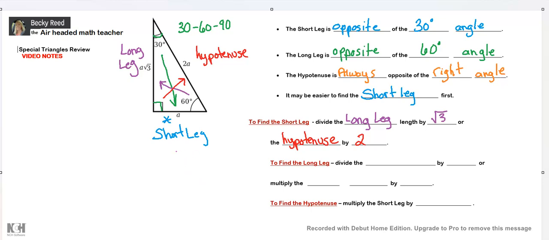So the short leg, whatever it is, say it's four units long, then the long leg is going to be 4 times the square root of 3, and the hypotenuse would be 2 times 4, which is 8. So everything is based off the short leg. That's why it's pretty important.